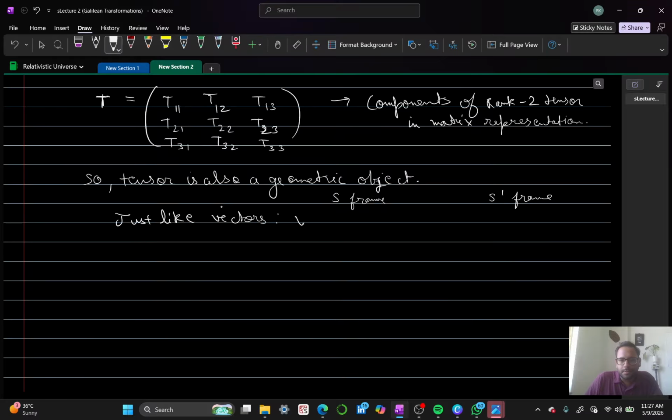A vector can be written as a_i e_i in the S frame, and it is the same in the S prime frame, as a prime e prime. Similarly, we can write a rank 2 tensor.